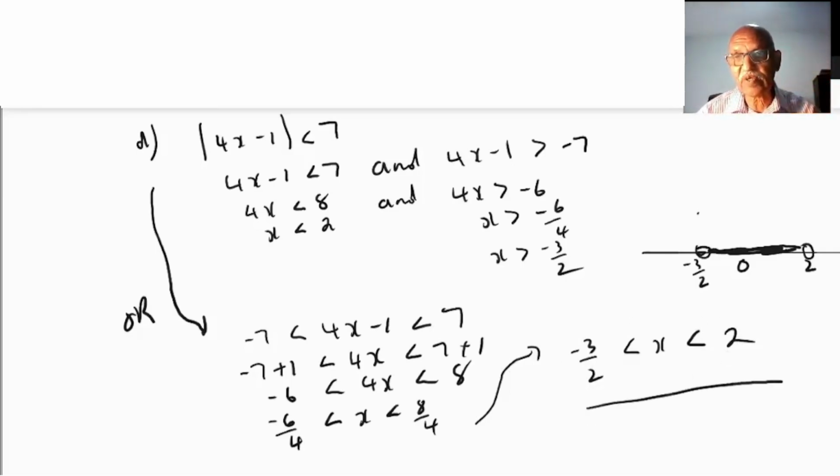The number line will be: this is 0, this will be 2, this will be negative 3 over 2. It's not inclusive, not inclusive. So it's the same answer as this one here. I can write it this way, or I can write it this way, whichever is convenient for you.